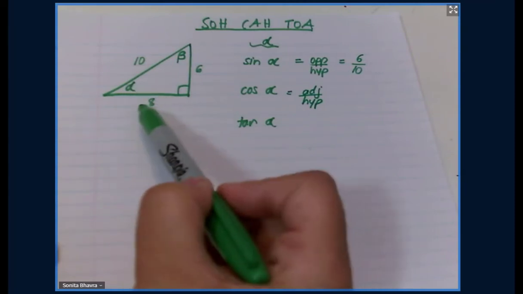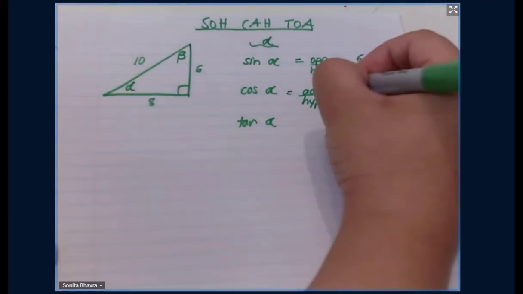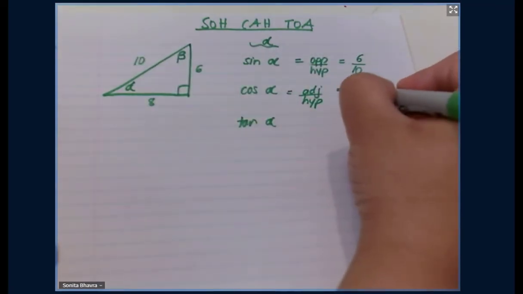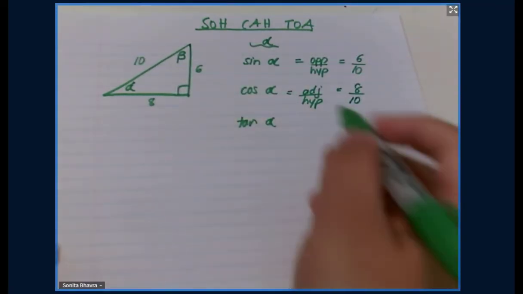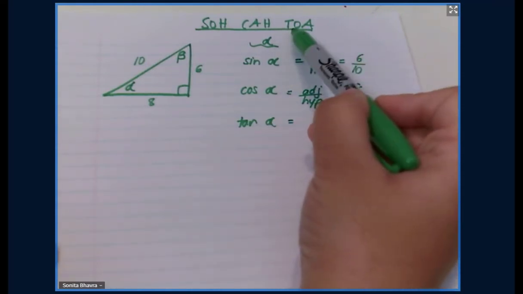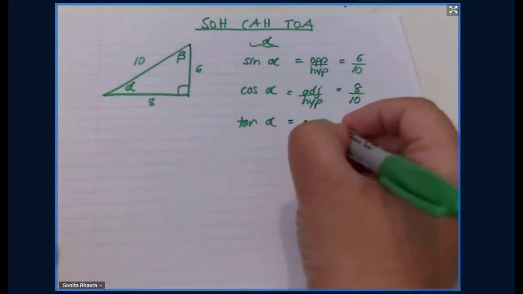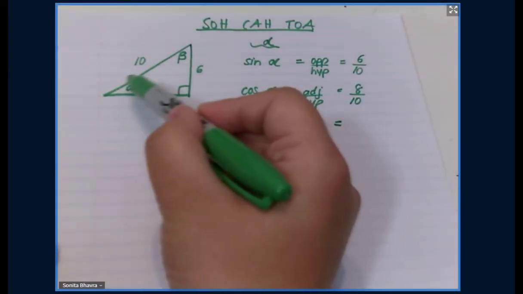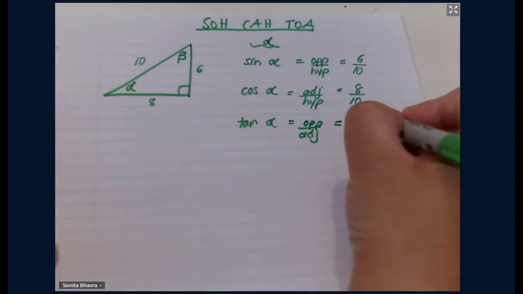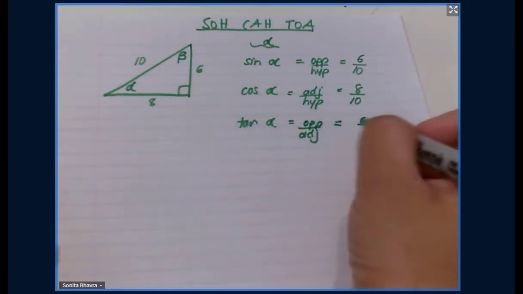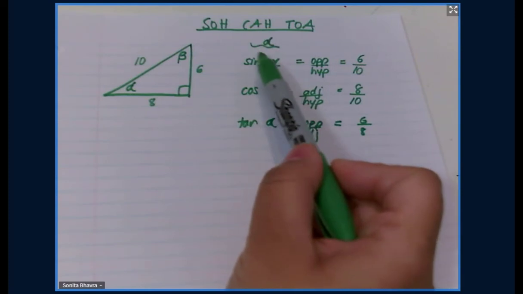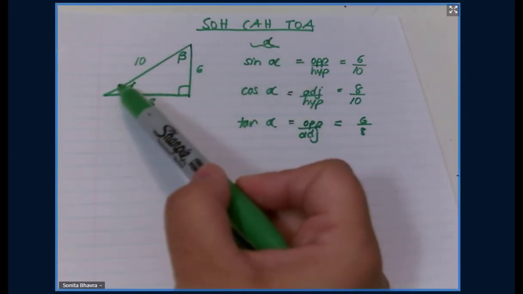Adjacent to this is 8, and our hypotenuse is still 10. And the last one is our tangent ratio, which is opposite over adjacent. Opposite to this angle was 6, and adjacent to it was side 8. So those are the ratios pertaining to this angle here.